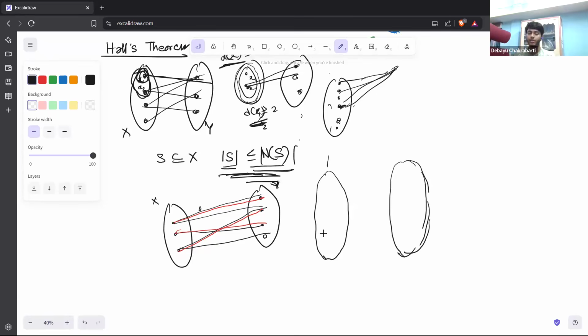How exactly are you constructing this? Suppose you just have the set S and N of S, and you're given this condition. Let's just consider this.